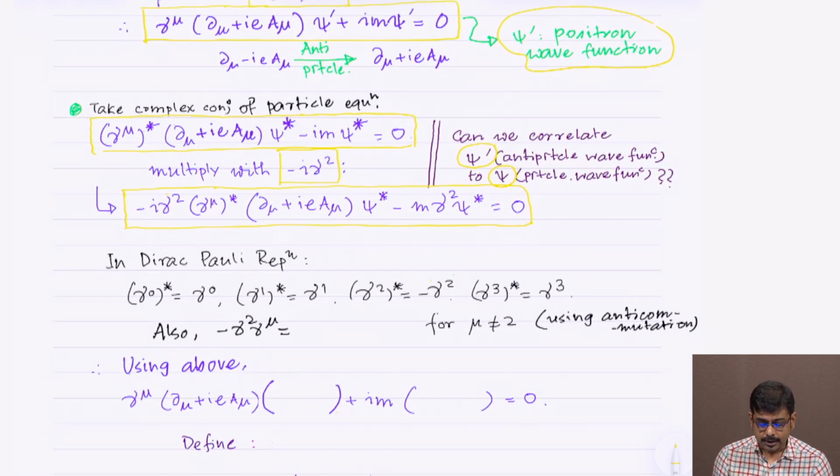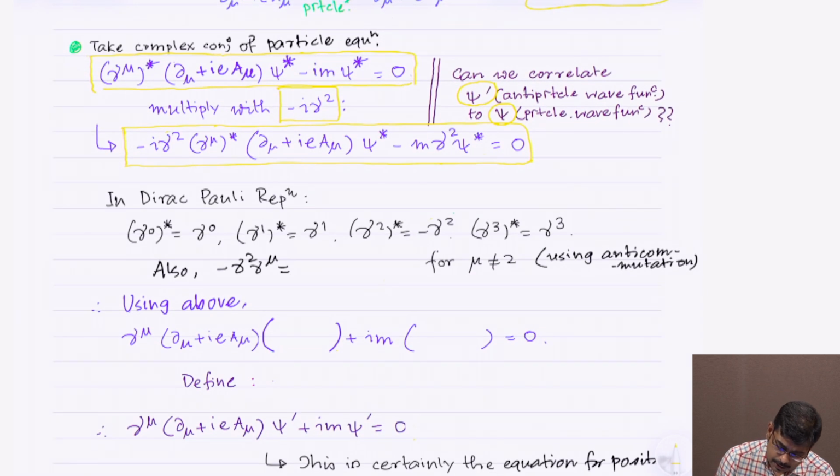Now, we note certain properties of the gamma matrices in the Dirac-Pauli representation which we have been using: gamma 0 star is actually gamma 0, gamma 1 star also becomes gamma 1. However, gamma 2 star actually changes sign to minus gamma 2. On the other hand, gamma 3 star also remains gamma 3.